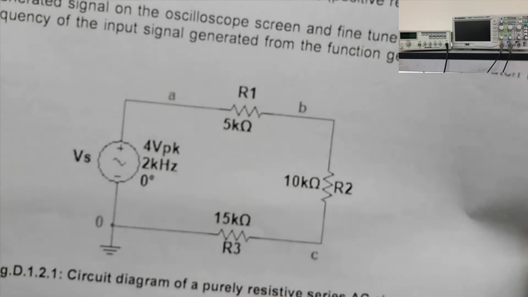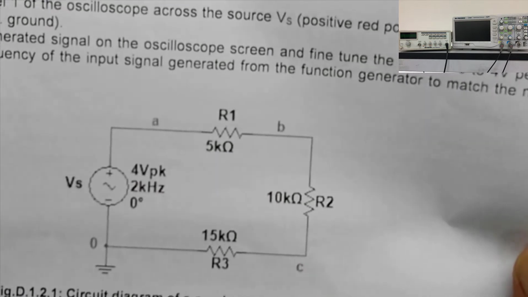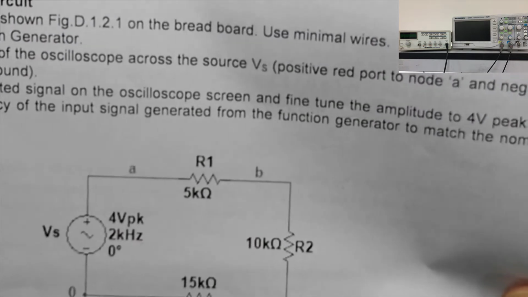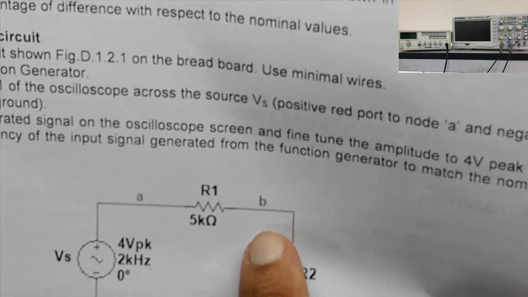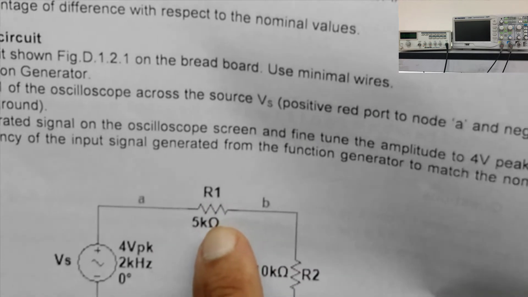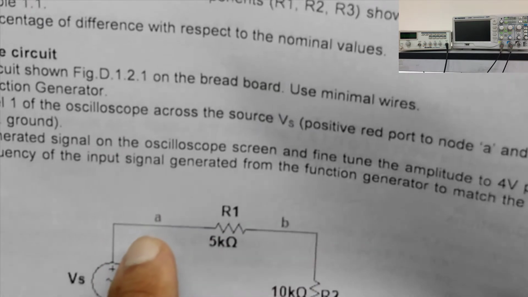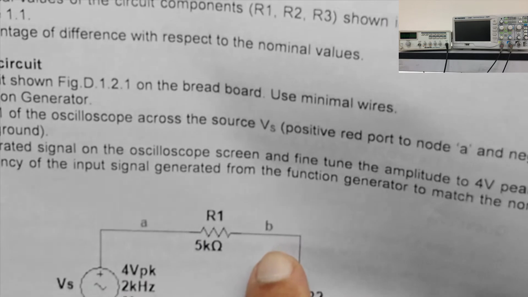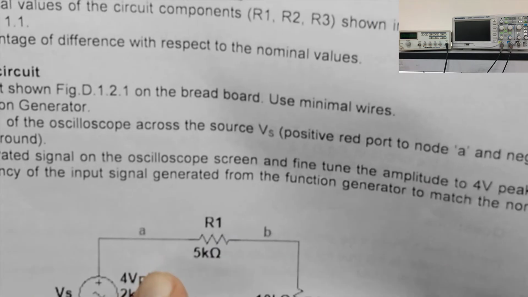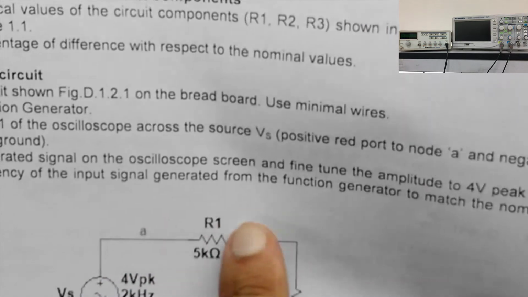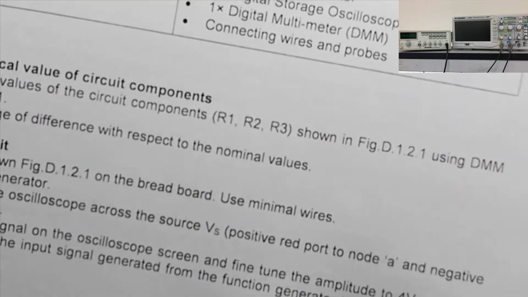Since R3 is connected between C and ground, we can directly get the voltage at node C from channel 2 if we attach it at C. For R1, if we attach channel 2 at node B, we will be able to get the voltage across R1 by subtracting VB from VA. So VA minus VB. If channel 1 is connected at A and channel 2 at B, we will use the math function of the oscilloscope to perform channel 1 minus channel 2 to get the voltage across the resistance. As for R2, it's between node B and node C.